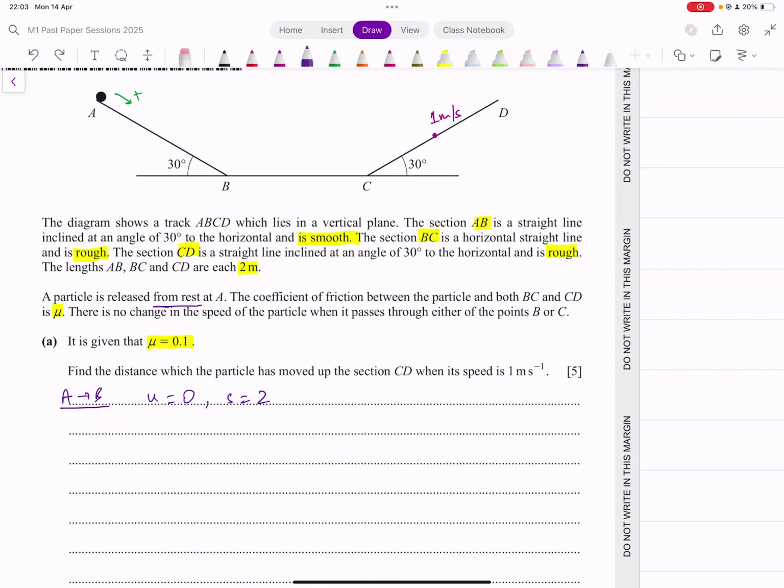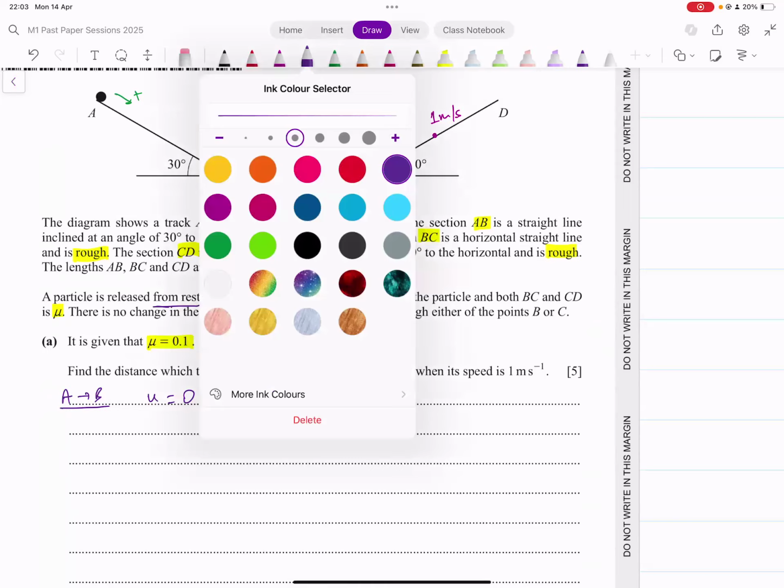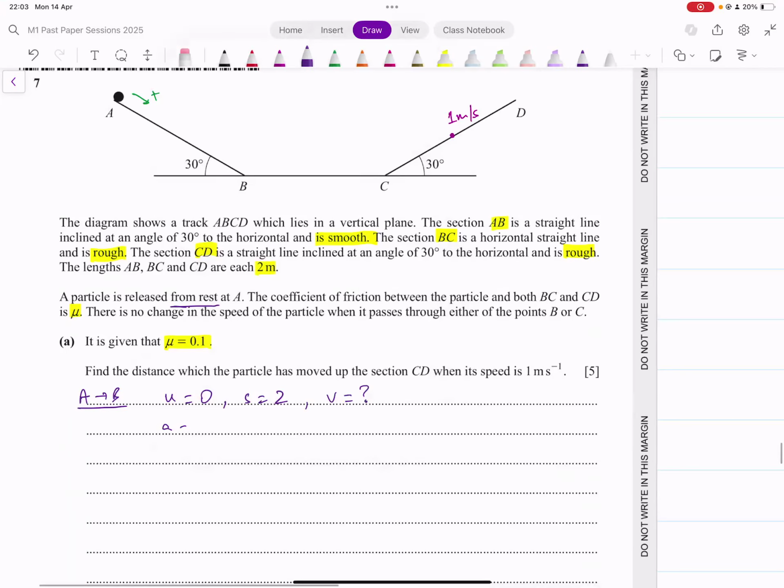But the acceleration for this part from A to B, it's a smooth surface. And apart from weight, there's nothing else that is acting. So we can say the acceleration, therefore, is going to be 10 sine theta. We know that. If it's a smooth inclined surface with weight as the only force along motion, acceleration is given by 10 sine theta.